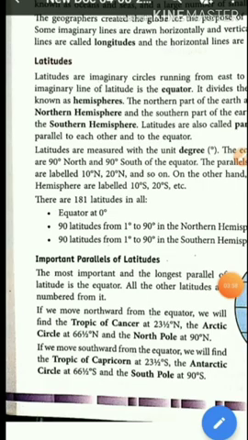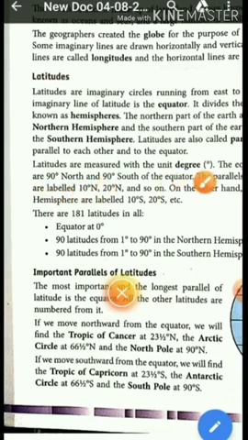Now we have to know what the measurable unit of latitudes is. So latitudes are measured in degrees, from the value at the northern pole.